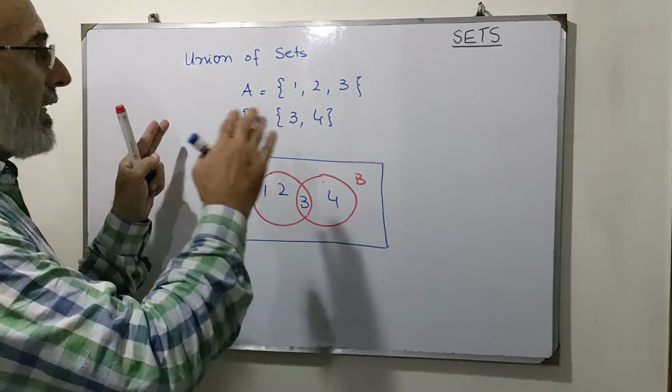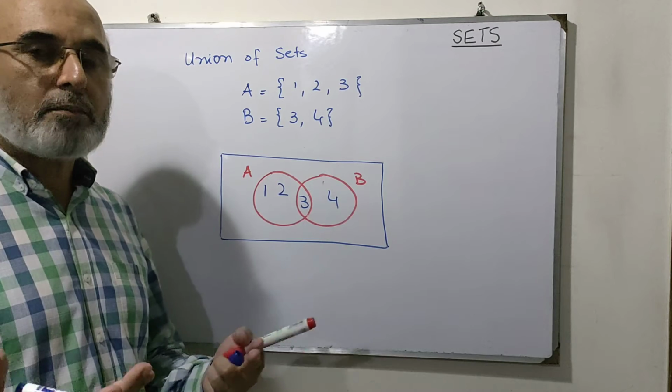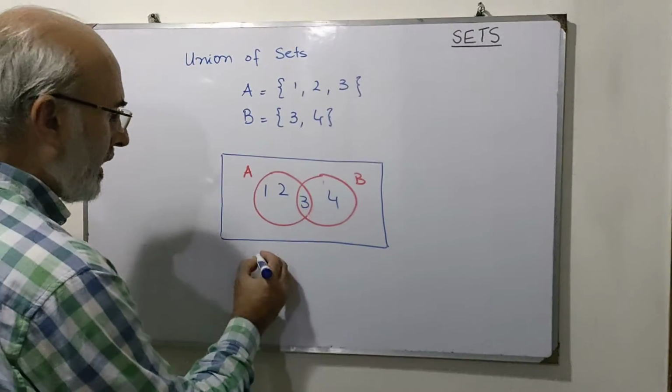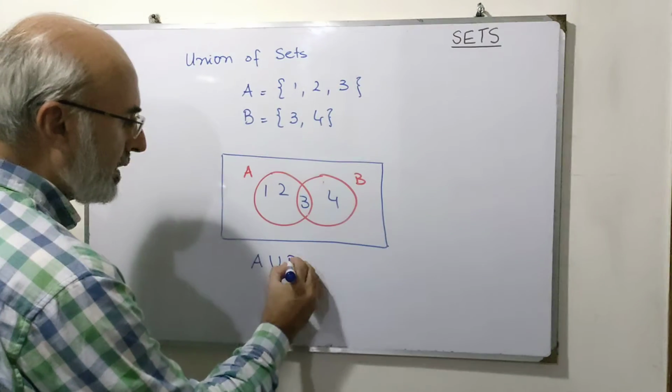Now how do we represent A union B mathematically?